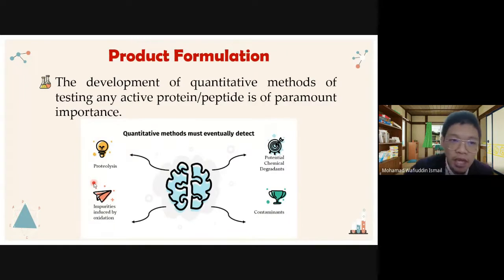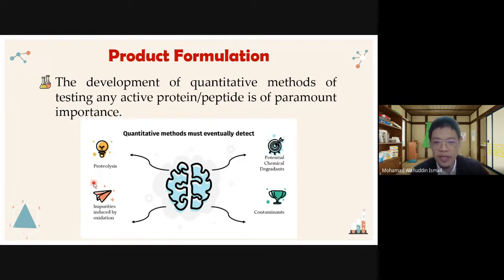The development of quantitative methods of testing any active protein is of paramount importance. Meaning, as I mentioned before, after all the ingredients and the type of product have been selected, we already choose. So we must look at other things before we release it as our product. We must look at proteolysis, and at impurities induced by oxidation.